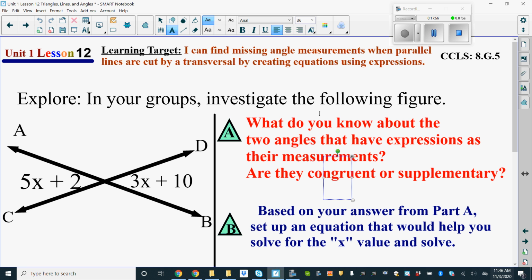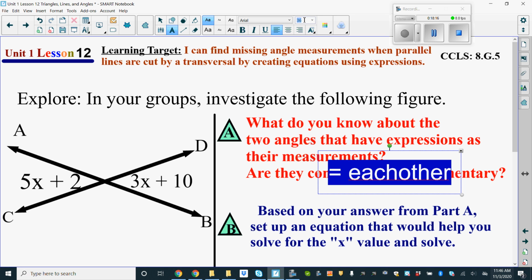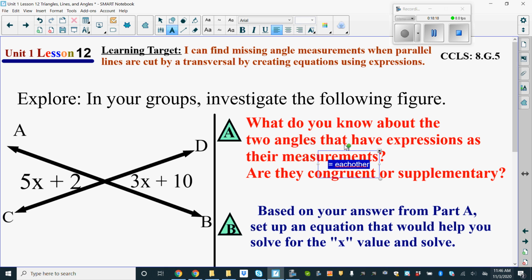So what do you know about the two angles that have expressions in their measurements in this picture? So they want to know, are they congruent or are they supplementary? So do they equal each other, or do they equal 180? Okay, so that's what you're asking yourself for this question.